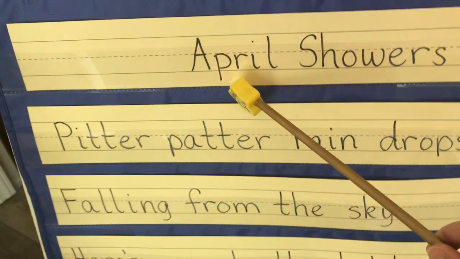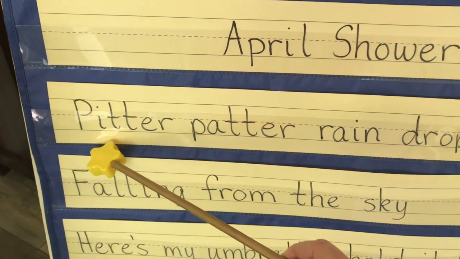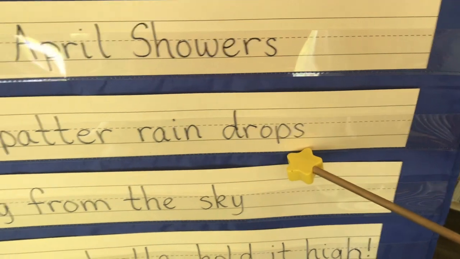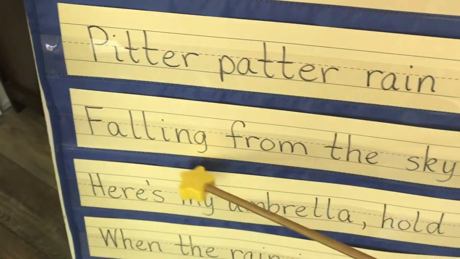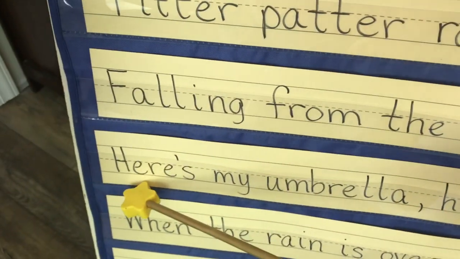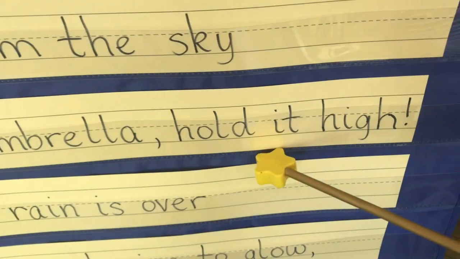Okay, so we have April showers. All right, you can do the motions while I read it, and you can read it with me. Pitter, patter, raindrops, falling from the sky. Here's my umbrella, hold it high.